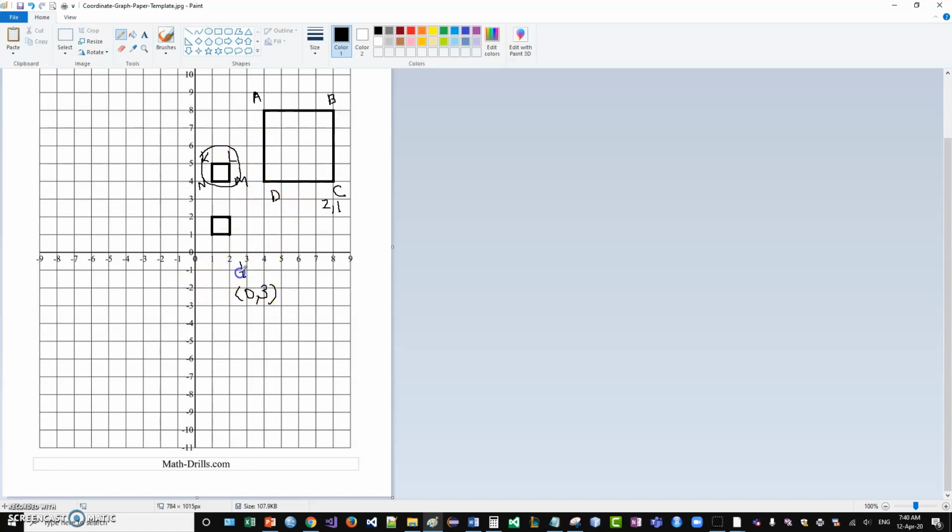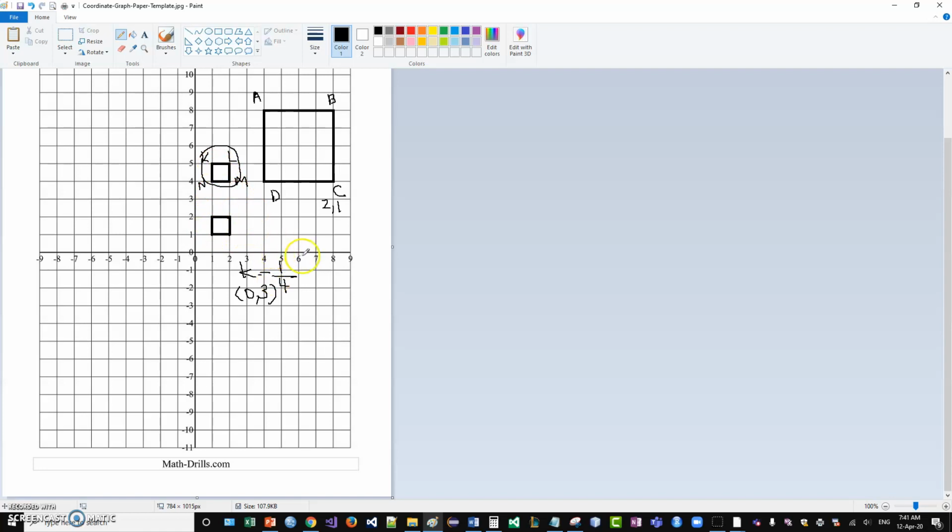So, k equals 1/4. Okay? And a rigid transformation along the vector 0, 3, which means x's stay the same and the y's are shifted 3 units up. So each one, this point 1, 2, 3 right here, this point 1, 2, 3, this point 1, 2, 3, this point 1, 2, 3.